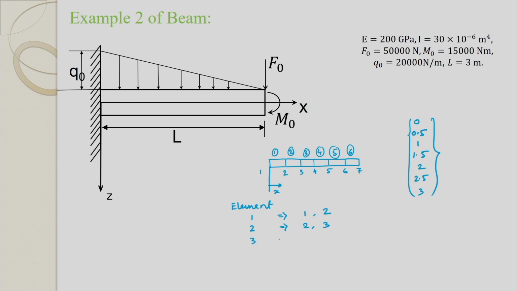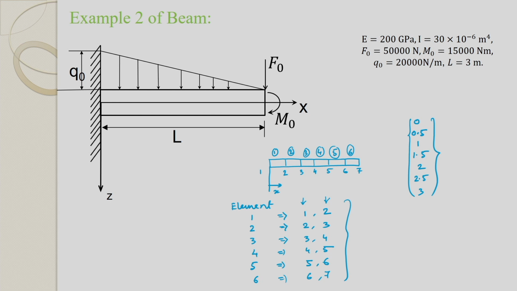Element 3, connectivity is 3, 4. Element 4, it is 4, 5. These are the first node of the element and second node of the element. For element 5, it will be 5, 6, and element 6, it will be 6, 7. So, these are the new connectivity information.